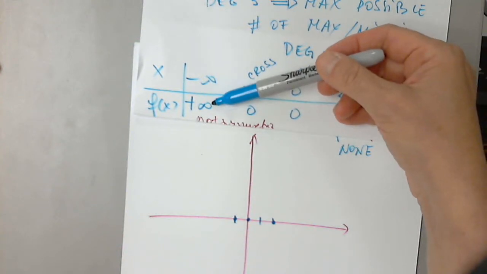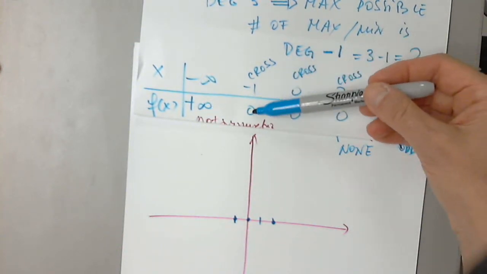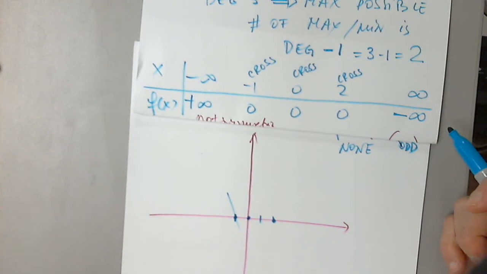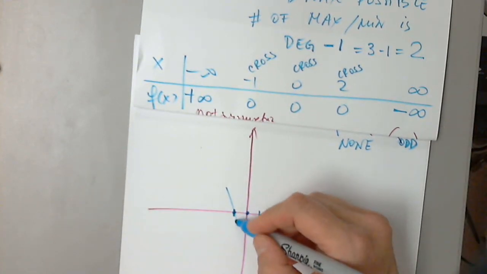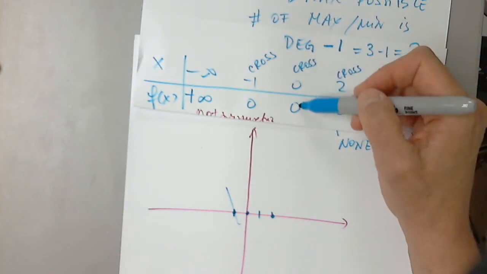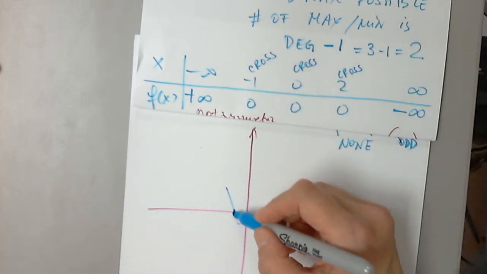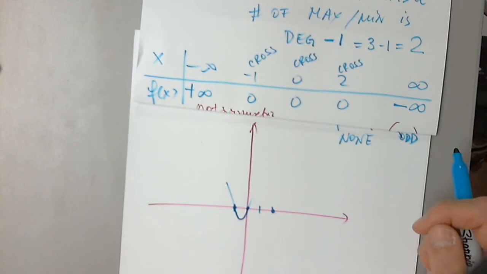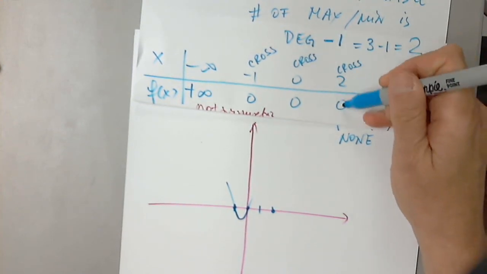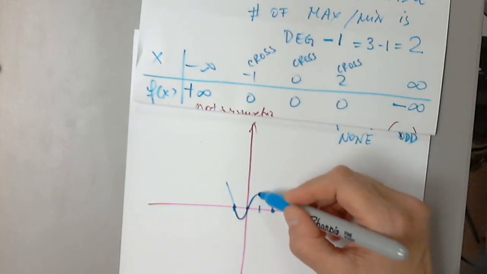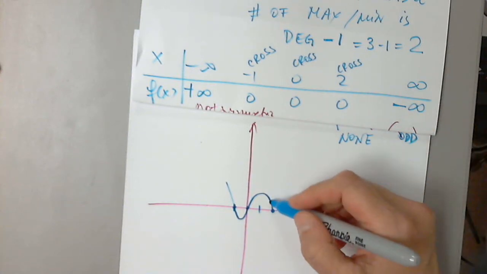From positive infinity, the function has to cross at this point. No problem. It must have a turn. It must turn because it has to cross again at the origin. No problem. It must turn again because it has to cross at 2, 0, going towards negative infinity.